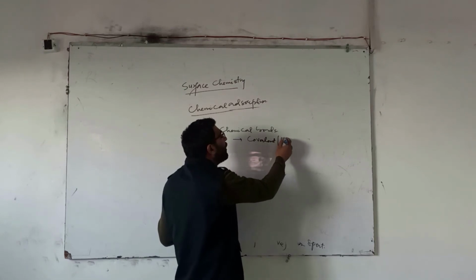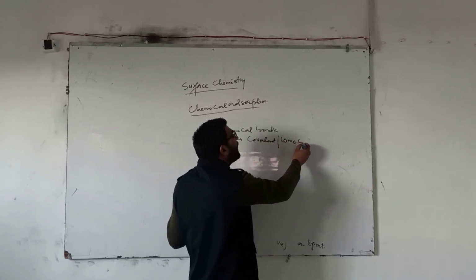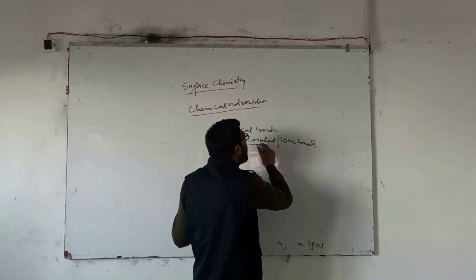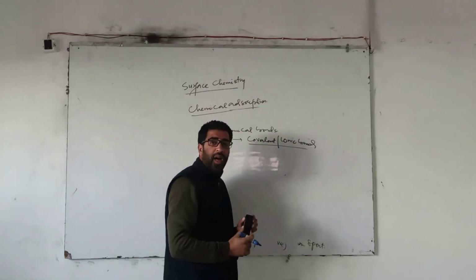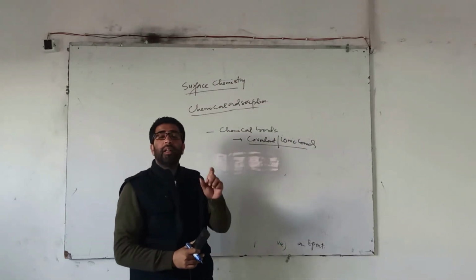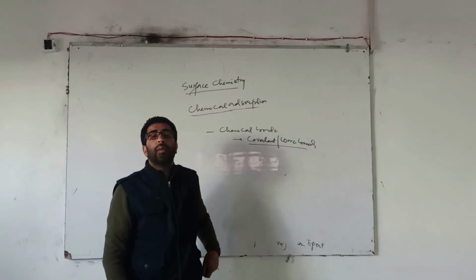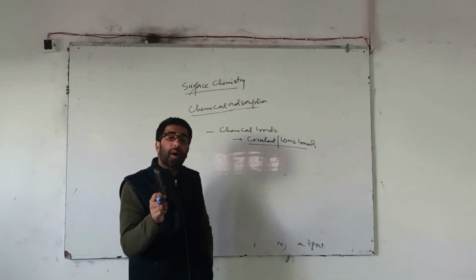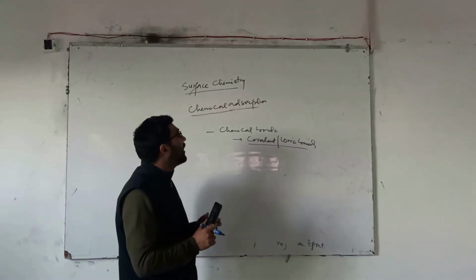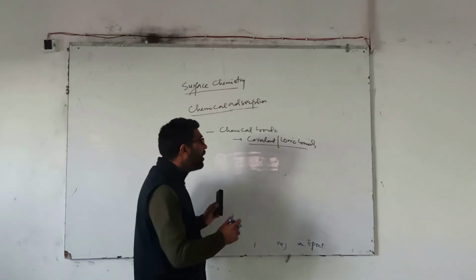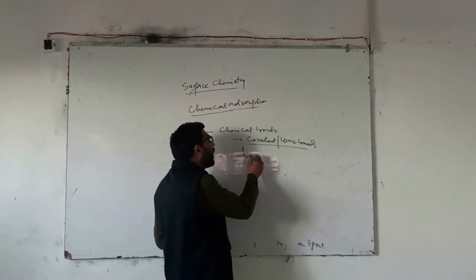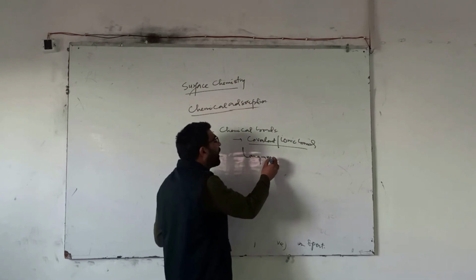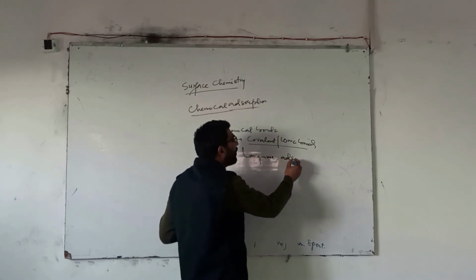They may be covalent bonds or they may be ionic bonds. So I can say here when there are ionic bonds or covalent bonds between the adsorbate and the adsorbent, this type of adsorption is called chemical adsorption, or it is also called Langmuir adsorption.